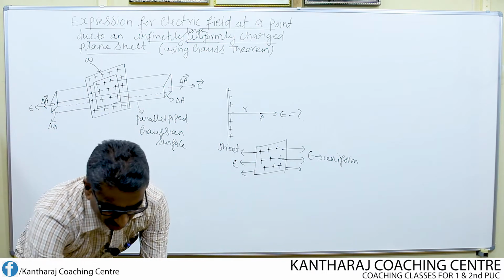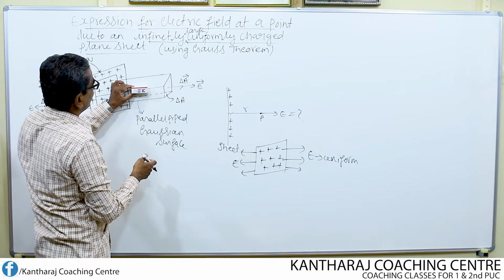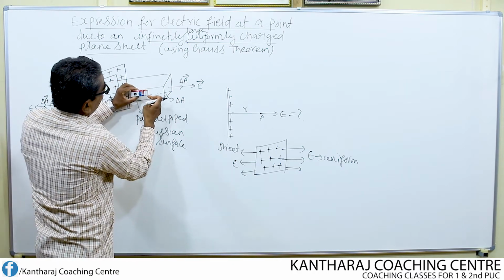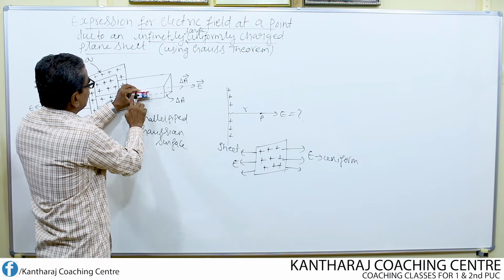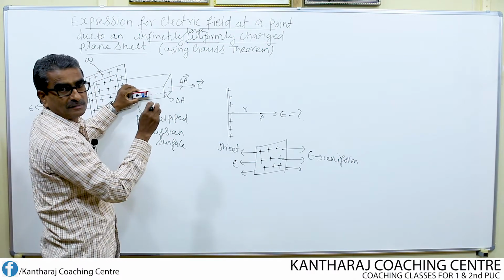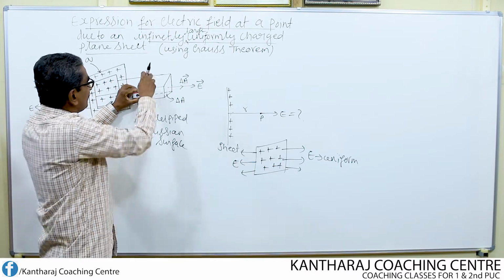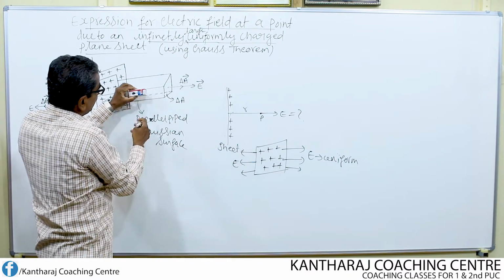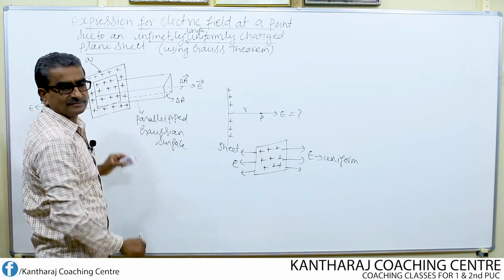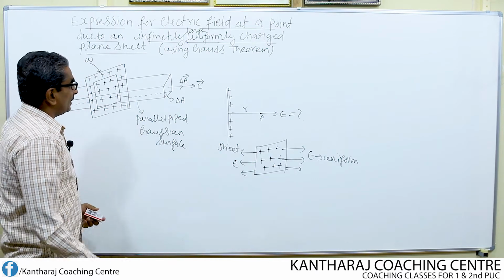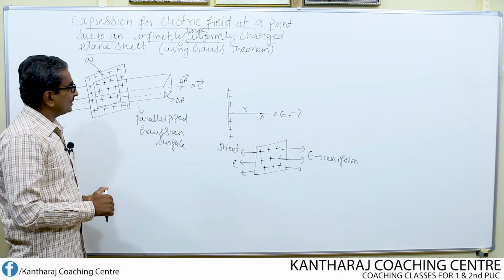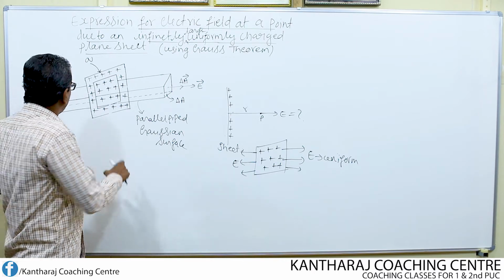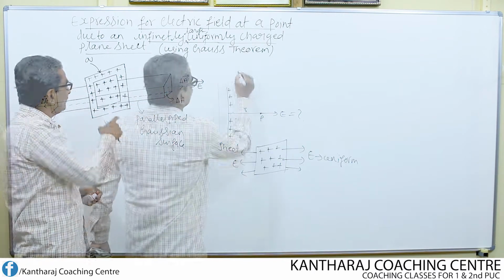Okay, more clearly I can consider like this. Look here, this is the end face of area delta A. So this is one rectangular face, top, in the forward direction, top, bottom and back. So what I do is find the electric flux coming out from this entire Gaussian surface.